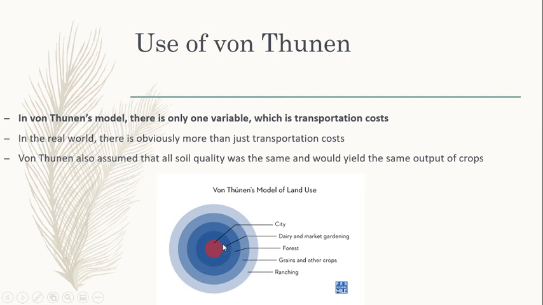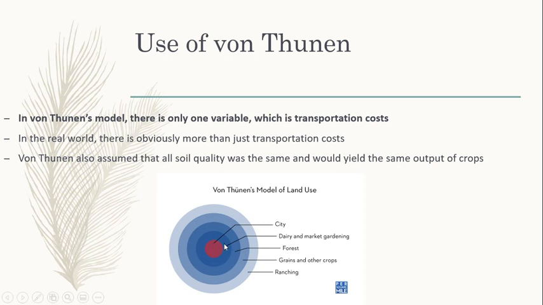Dairy and market gardening are done here because in the time when this was created, you needed to be relatively close to the city, otherwise your milk would spoil, otherwise your strawberries, your apples, your oranges, your bananas, all of these delicate produce products would spoil, they'd get damaged in transportation. So close to the city.